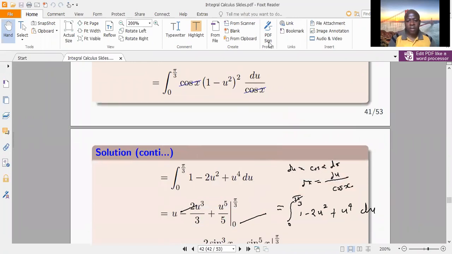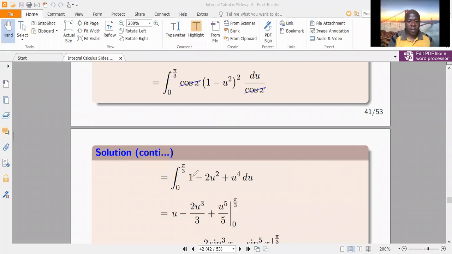So when you integrate 1 du, you get u. When you integrate 2u squared du, you get 2u raised to 3 divided by 3. And this one gives you u raised to 5 divided by 5.